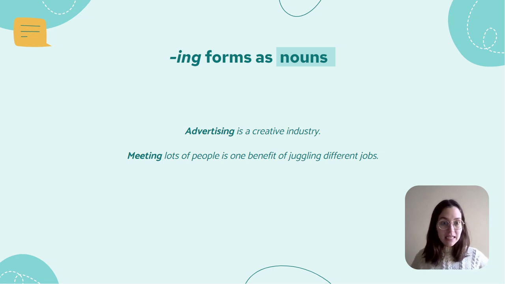If we begin with meeting, of course, we have this verb in the place of a noun, but it also has the elements that usually accompany such a verb. Meeting someone, lots of people. So it keeps an object because it has this verbal nature, but the role in the sentence is that of a noun. That's simply marvelous.